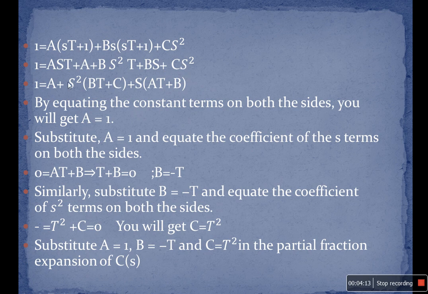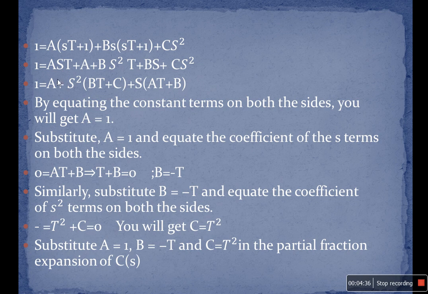Next I take the common terms. For s square we have b tau plus c, and for s we have a tau plus b.